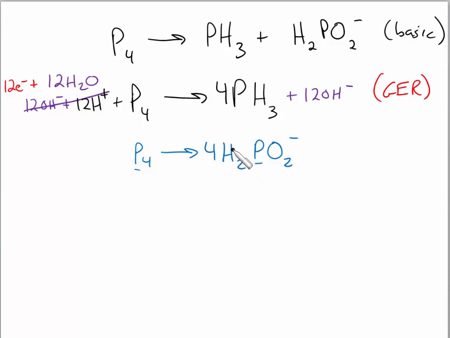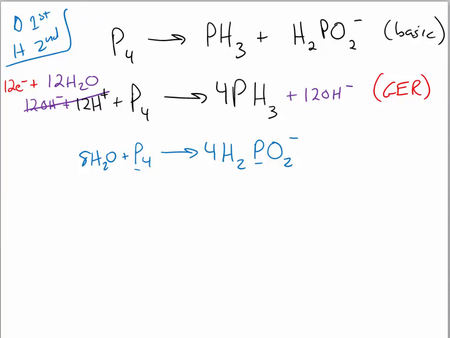You do those before you do oxygens and hydrogens, oxygens first, and then hydrogen second. Do that each time. So I have a total of what? 2 times 4, that's 8 oxygens. So 8 water molecules are needed there.